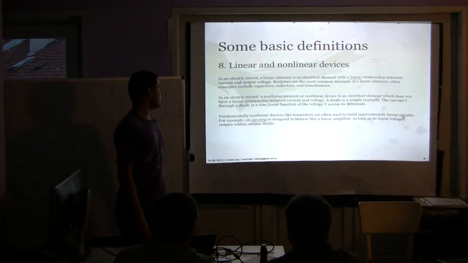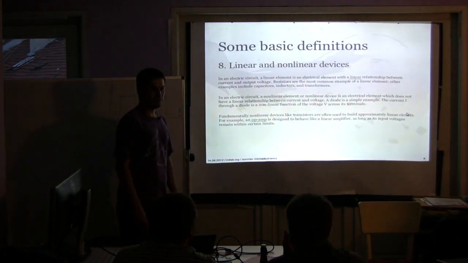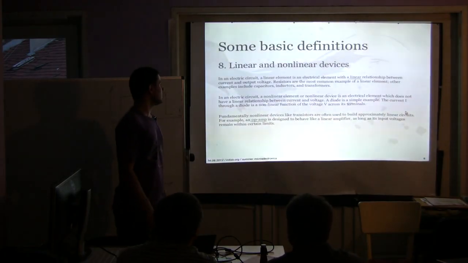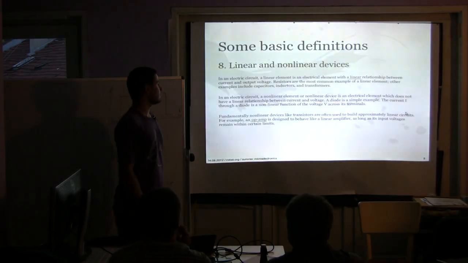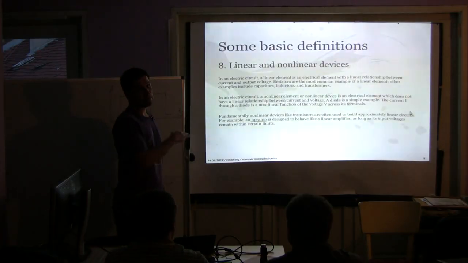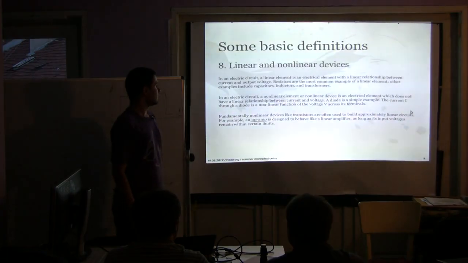Linear and non-linear devices. Probably everybody knows the linear relationship between the current and output voltage. The resistor is a typical case. Also the transformers, capacitors, and inductors have a linear characteristic between the voltage and the current.